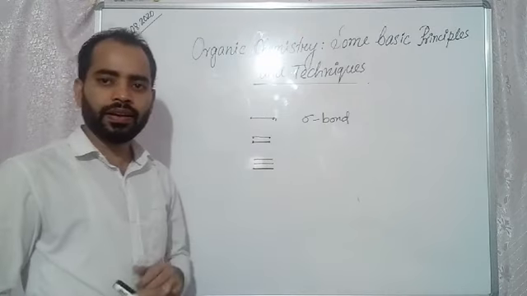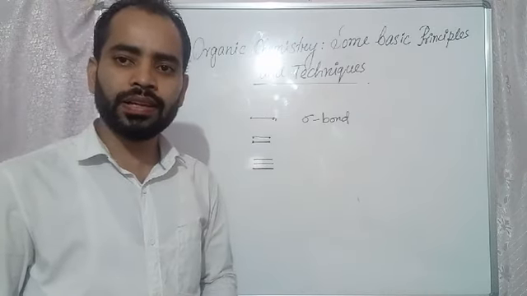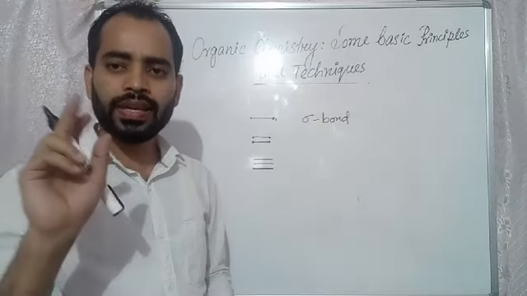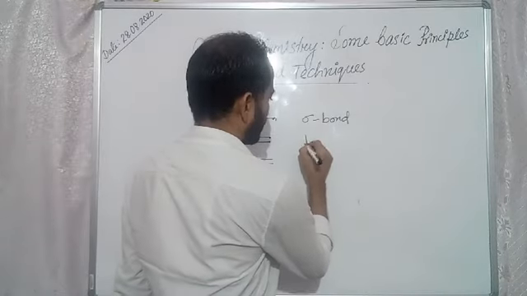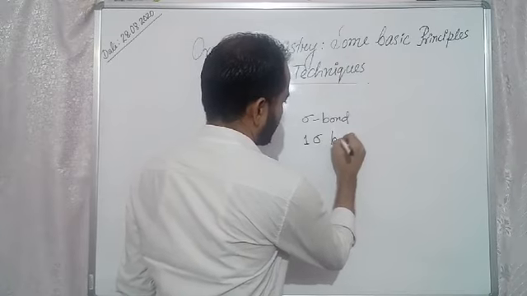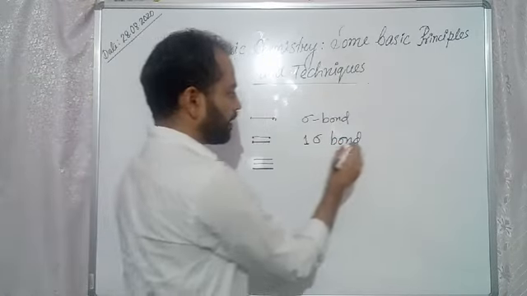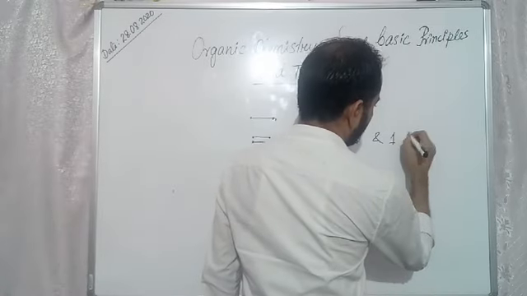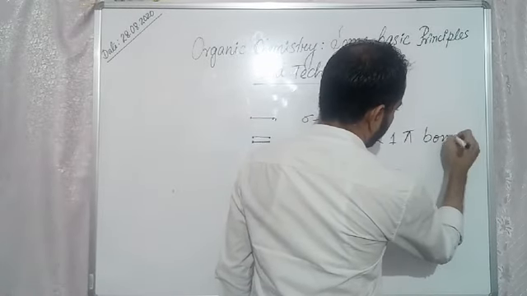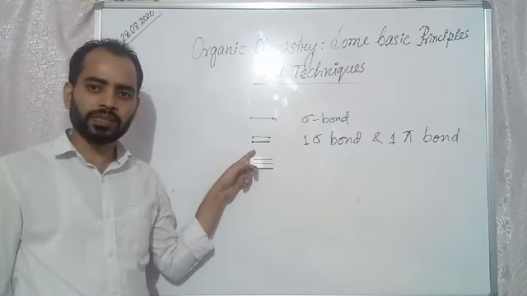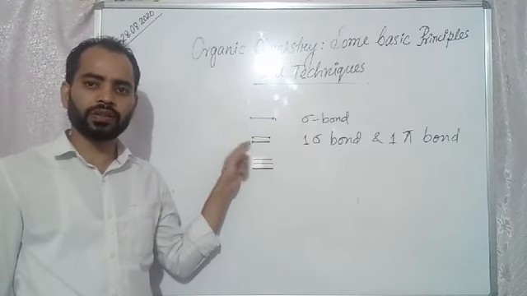Now, when there are 2 bonds in a compound, that is, a double bond is there, always there is one sigma bond and one pi bond. So if there are 2 bonds, one is a sigma bond and another is a pi bond.